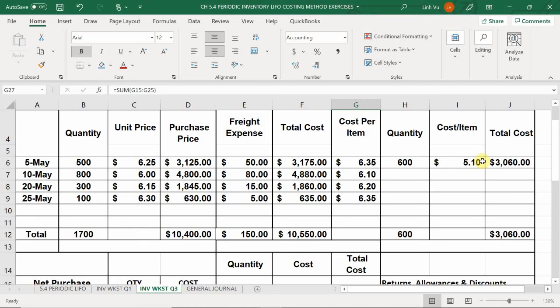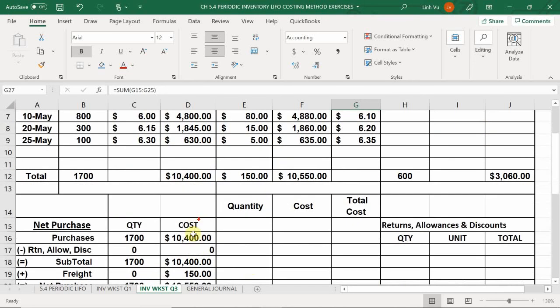The last one, from May 25th. We put it in that exact order: 600 came first and every purchase after came after that. Because we're using LIFO, we eliminate the last batch we just purchased, which is 100 units.